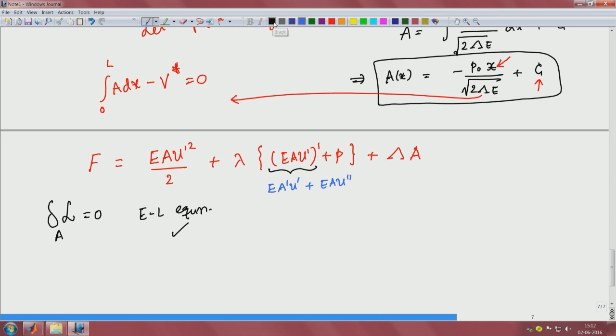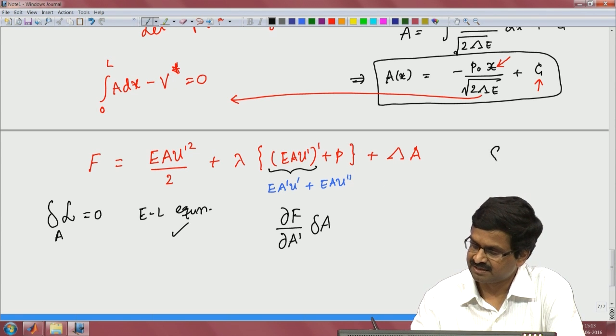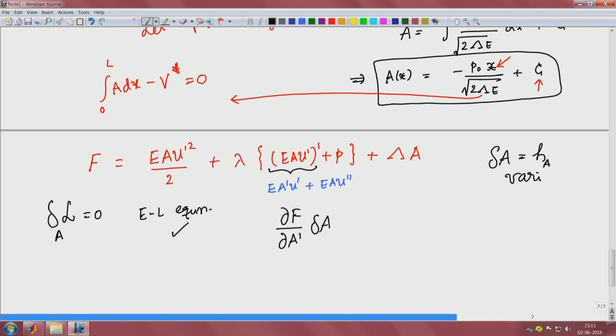In such a case, if you recall, our boundary condition was dou f by dou A prime times that h, that variation, which I am just denoting with delta A now. Once we had put h subscript a, now I am just denoting that with delta A. So, this is delta A, which is h a, the variation of A, that is the area profile, perturbing it a little bit, that at either end should be equal to 0.